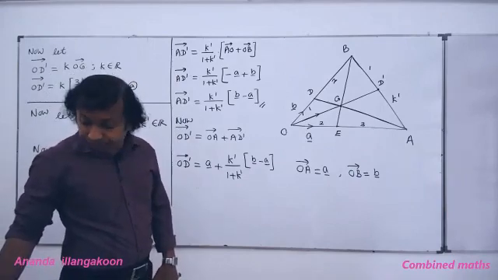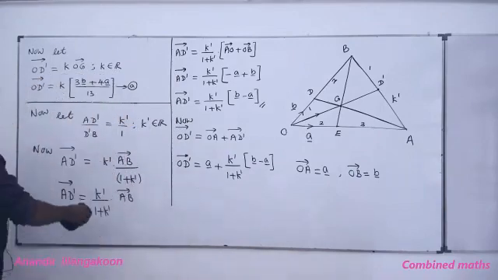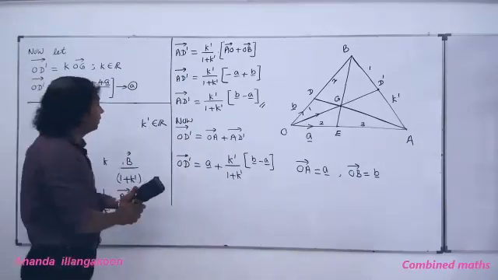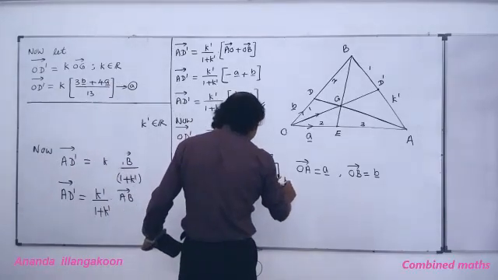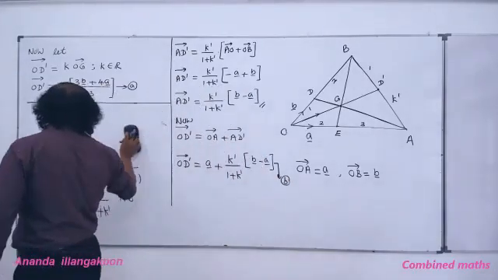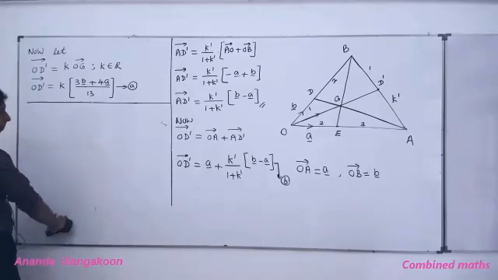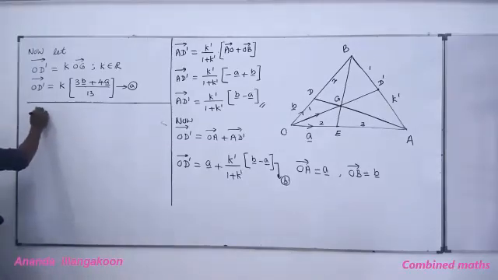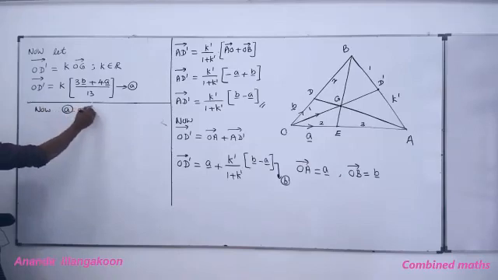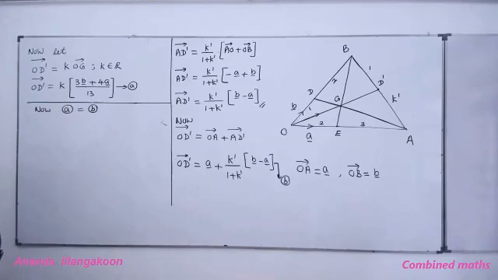Okay, right. Now comes this. I'll take this as B. Now you can equate equation A and equation B. Equation A is K times (3B plus OA) divided by 13.